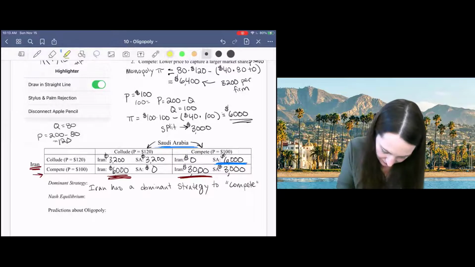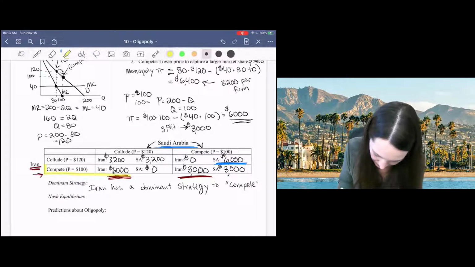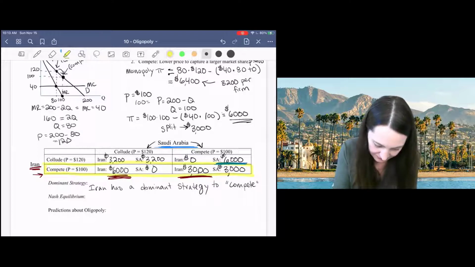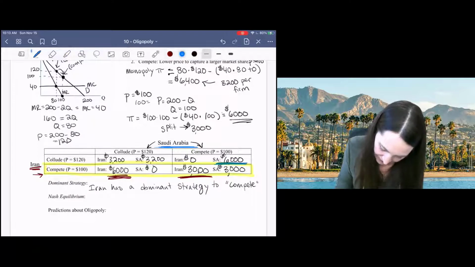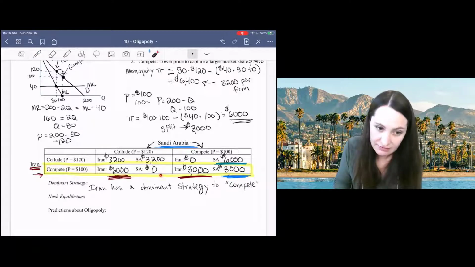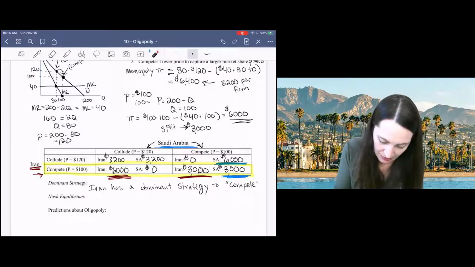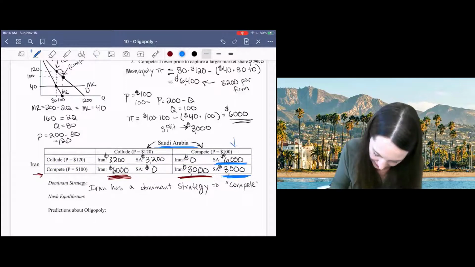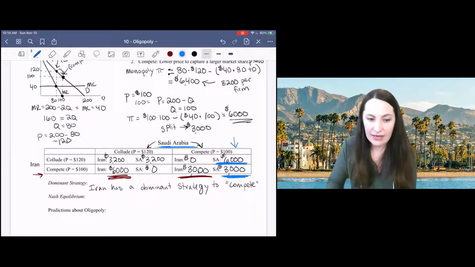And if Iran chooses compete, then again, Saudi Arabia is better off competing. 3,000 is better than 0. So no matter what Iran decides to do, Saudi Arabia is always better off competing.